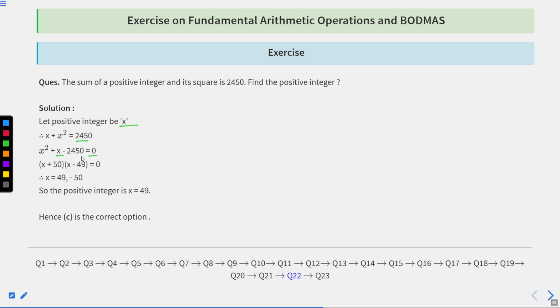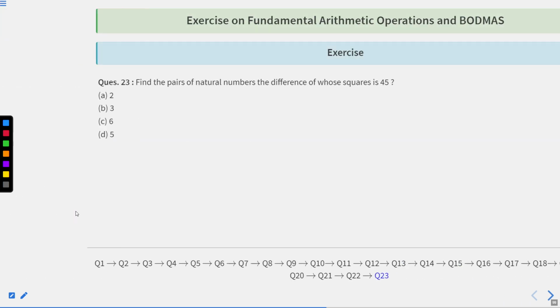We have to solve it by using middle term split, which will be (x plus 50) times (x minus 49) equal to 0. Therefore, x equals 49 and minus 50. Since the integer is positive, minus 50 will be rejected. So the answer is x equal to 49. The correct answer here will be option C.